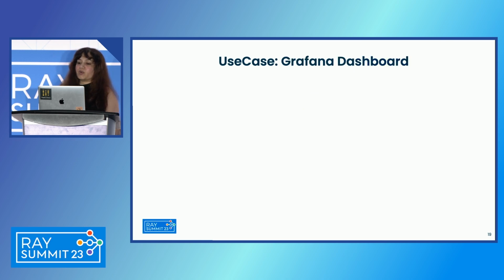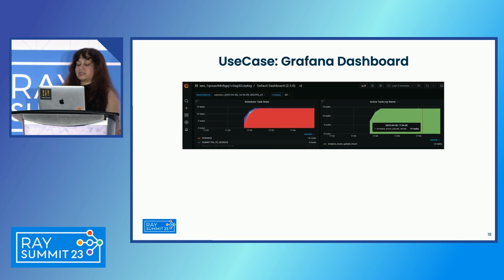The next thing I want to show is how it looked from the Grafana dashboard. This is the Grafana dashboard screen snippet that comes out of the box with Anyscale. What you see on the screen right now is the first 5 minutes of running the code that I just showed. As you can see on the screen, in the red, the number of tasks quickly gets spun up, and from 0 it goes to 14.